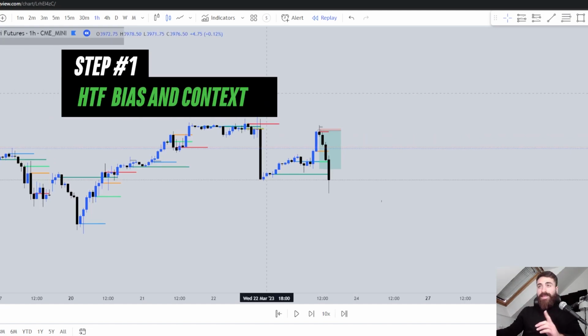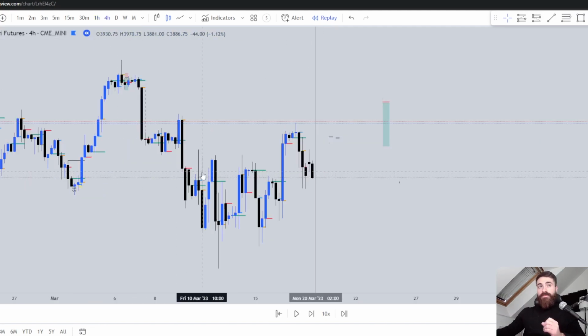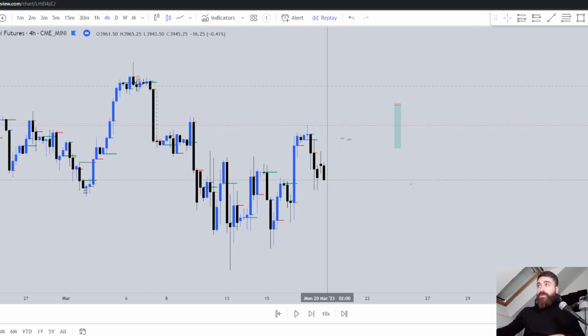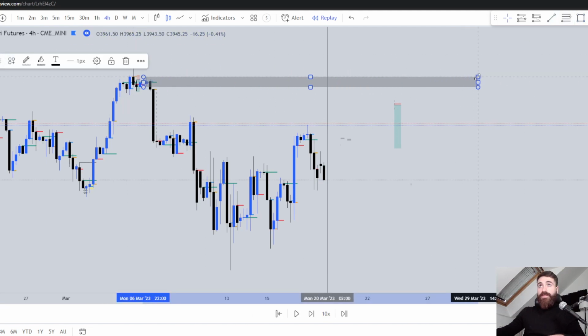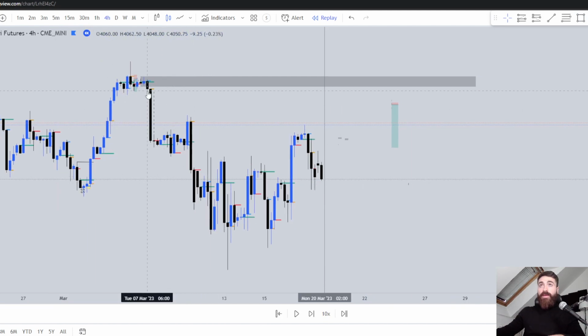Step number 1 is higher time frame bias and context. So on the 4 hour, what do we see? We see that there's a huge imbalance right here. This is the origin which caused the break of this structure right here. But we have this origin and we have this impulsive move.